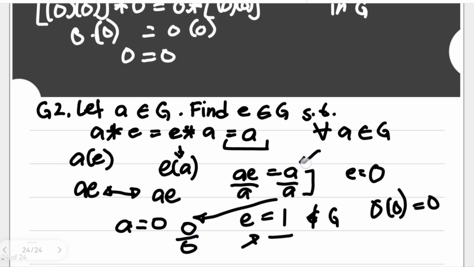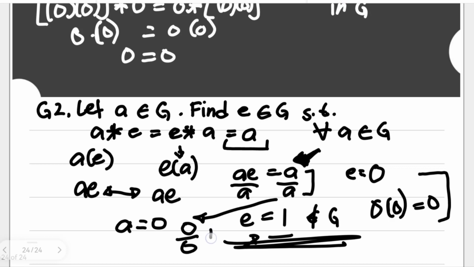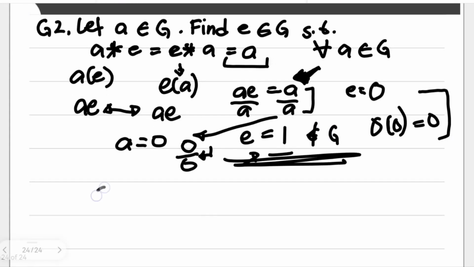From here alone, even without deciding that since 1 is not an element of G then G2 is not satisfied, or accepting 0 as identity and moving further to the inverse, just from here algebraically, a over a equal to 1 is not possible if the only element in our set is 0, because you will have an indeterminate form. Obviously, all of these discussions lead us to an understanding that G2 is not satisfied.